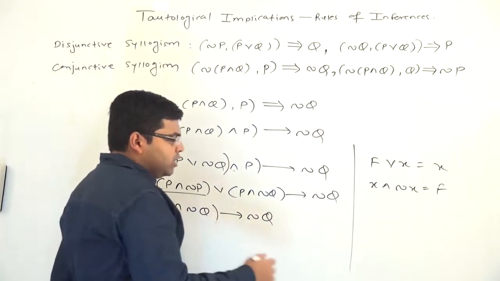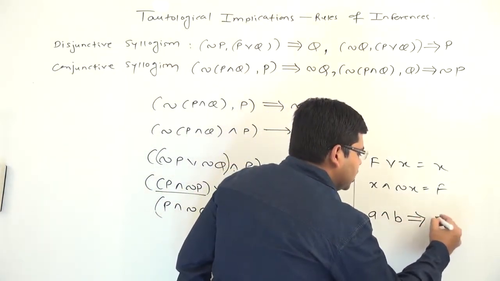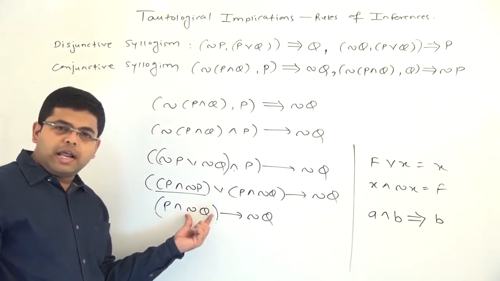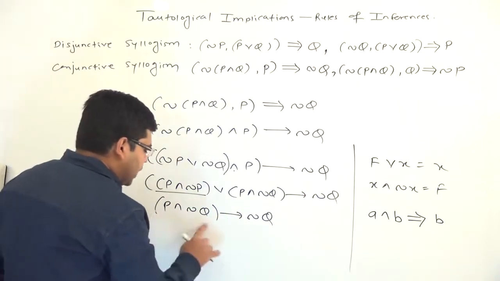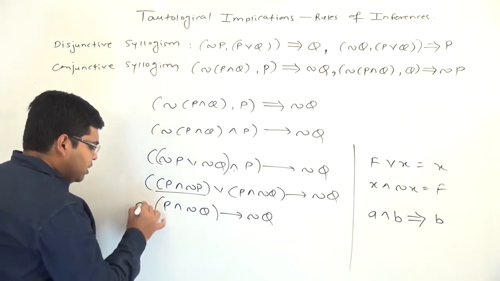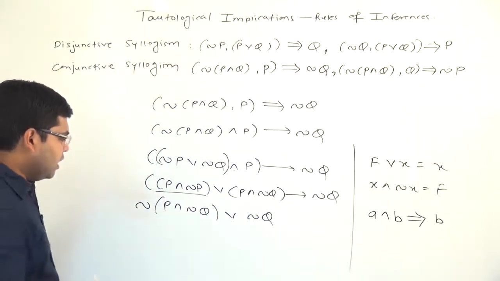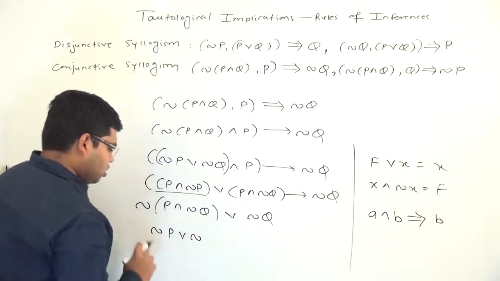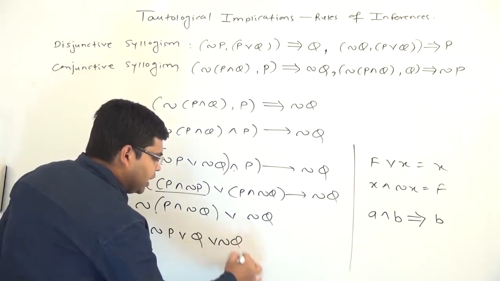So here this can fit in the format A and B tautologically implies B, but the only difference is that in place of B we have negation of Q. When we apply the implication formula here, this will become negation of left hand side or right hand side, so negation of P and negation of Q, or Q or negation of Q.